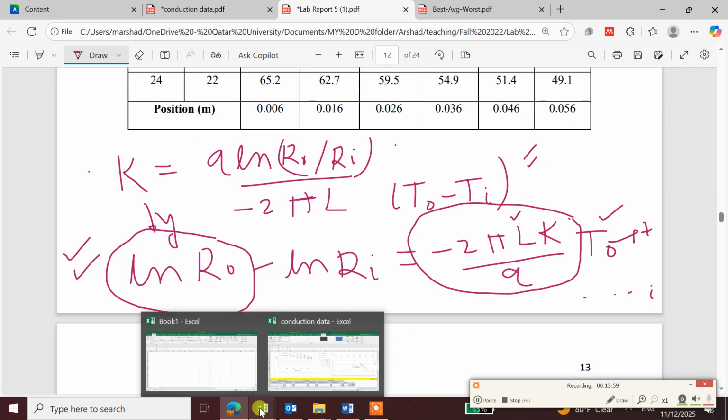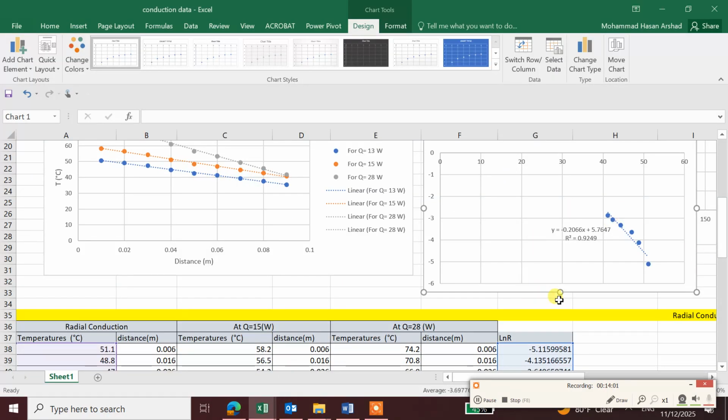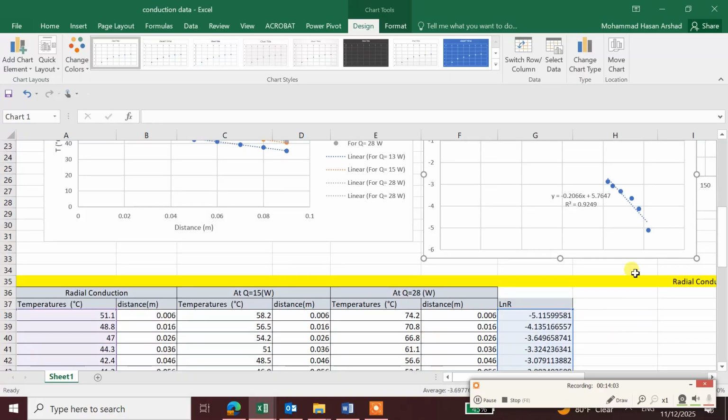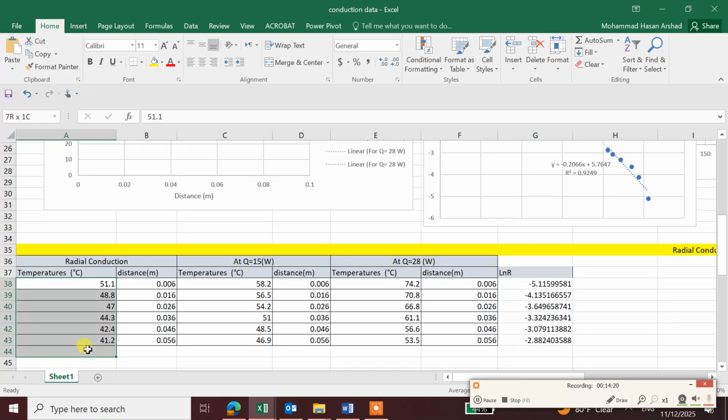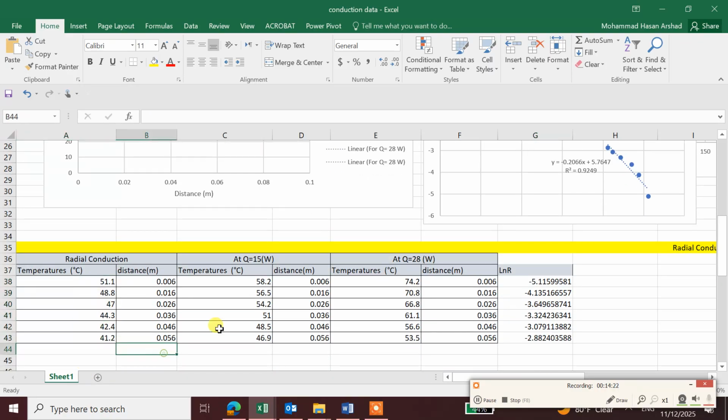So if you look at something like this, if you plot ln r, this plot, you will get something like this. This is ln r versus radial conduction versus temperature. This is the temperature. The slope is this.